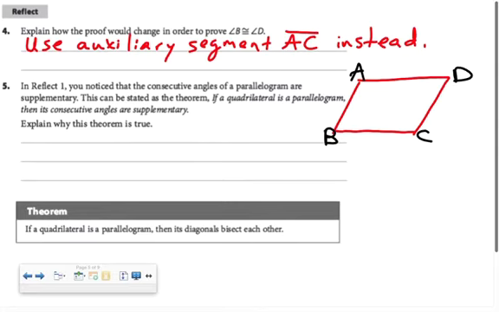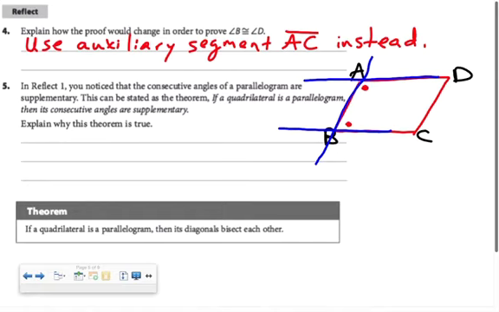Now, if I extend those sides and I extend this side that's going through them, what I'm hoping you're starting to remember is the river and the bridge, and angles A and B. These two angles are on the same side of the bridge.